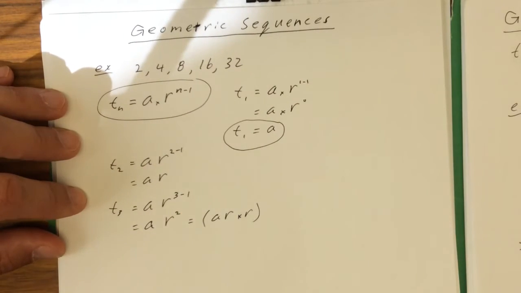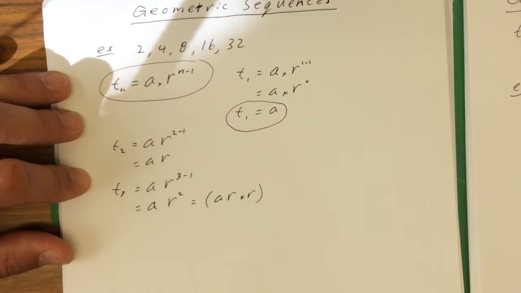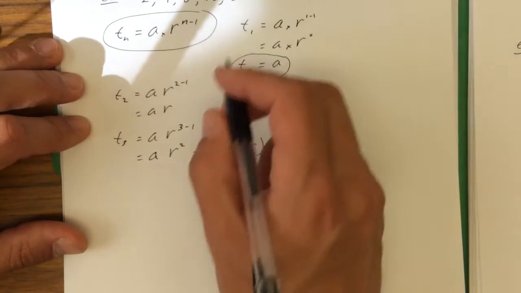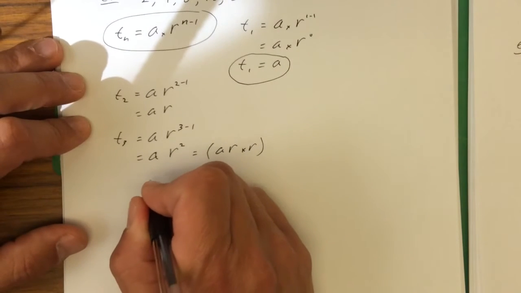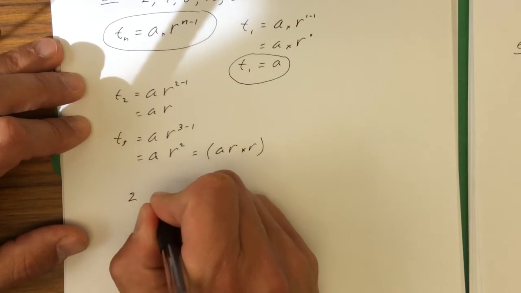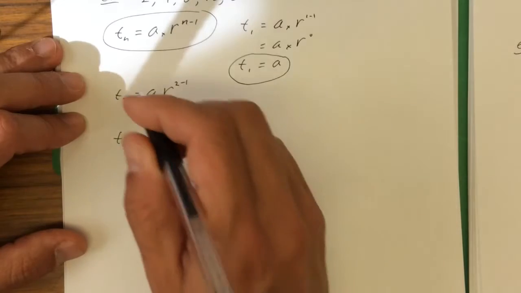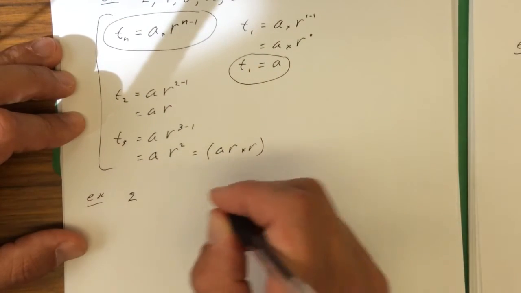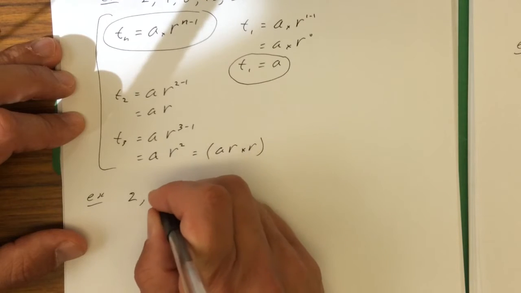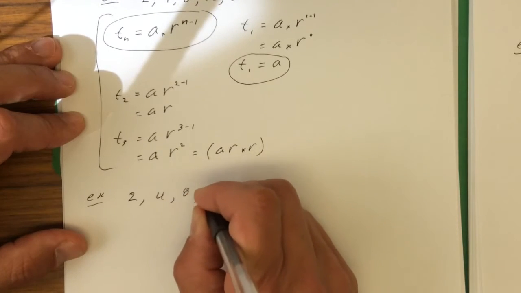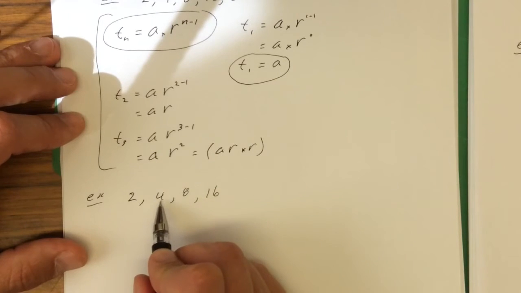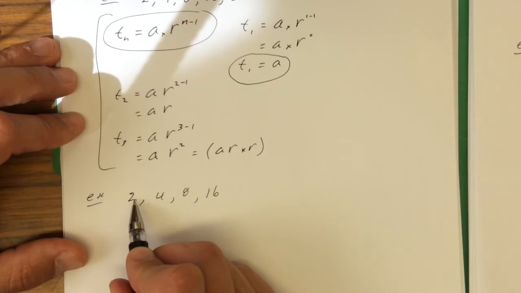And let's go back and look at the example here. So you've got the example of 2, 4, 8, 16, 32. If you look at that, the way you can get the common ratio is to take any term and divide it by the previous term.